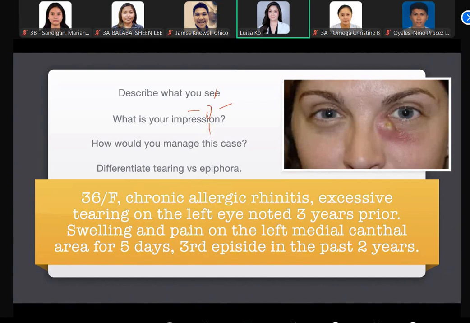Is it more of an excess production? For example, if you have a patient who has conjunctivitis, there's excess production of tears and mucus, right? So that is tearing. If you have a patient rather with a block in the outflow of the lacrimal system, which causes an overflow of the normal production of tears, that is epiphora. So it just has to do with what the pathology is. In general, they're under the blanket of tearing. Any questions regarding this case?